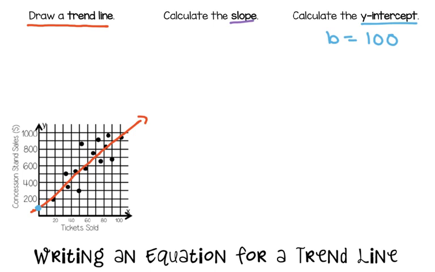Remember, this is a rough estimate, but as I look, my closest lattice point is about here. So I'm going to increase, so there's 100, 200, so my rise is 200, because each of these is 100. And then my run, 10, 20, 30.